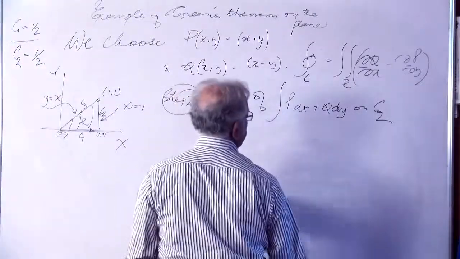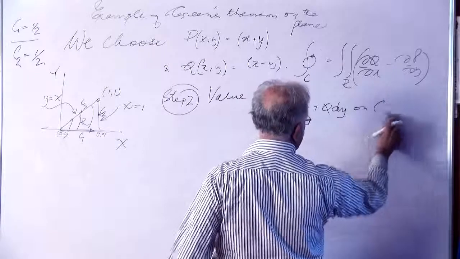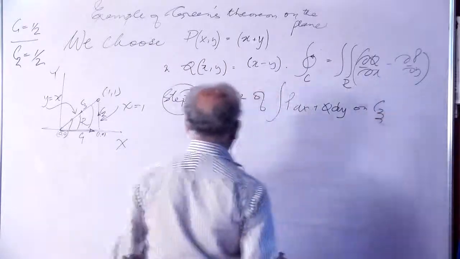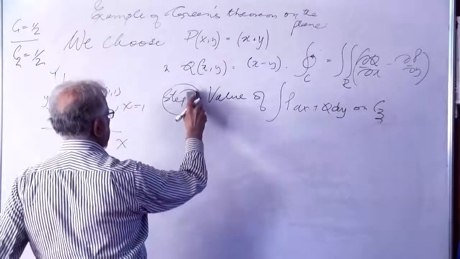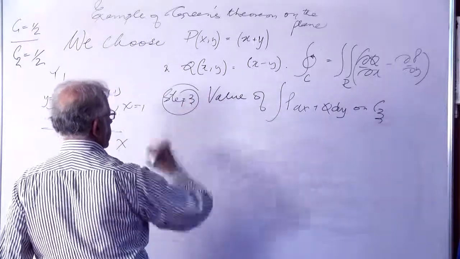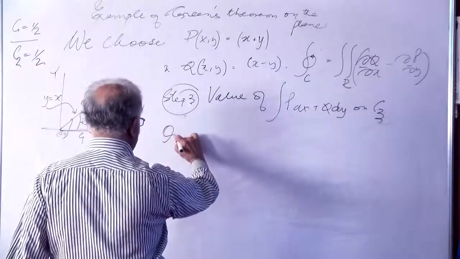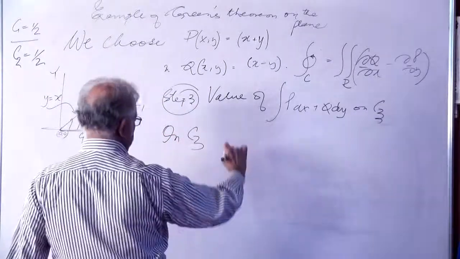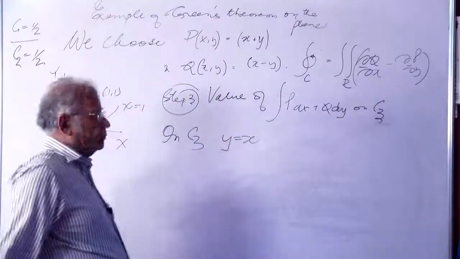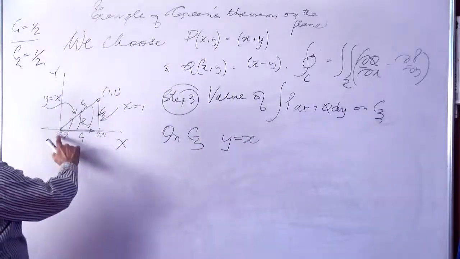Step 3. So that's going to be evaluating P dx plus Q dy on C3. And our step 2 now becomes step 3. Observation on C3: y is equal to x.